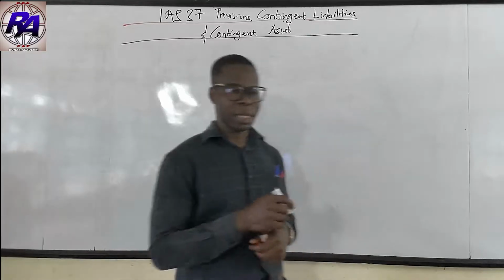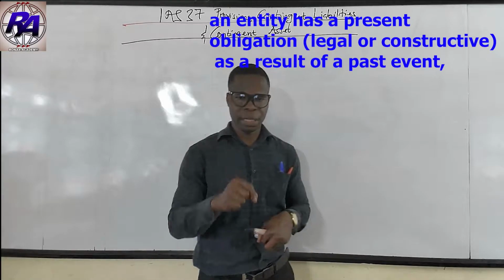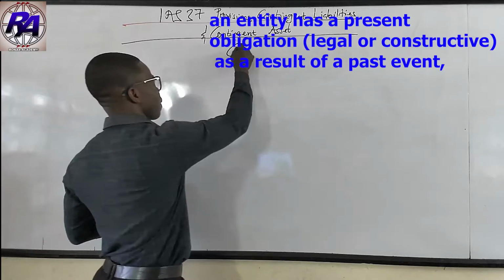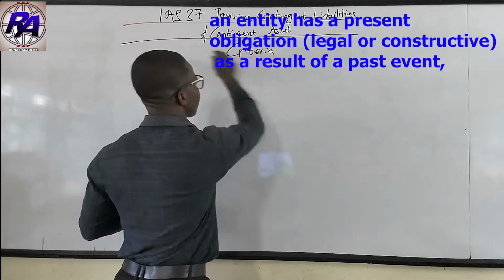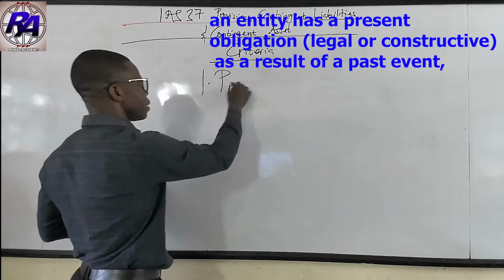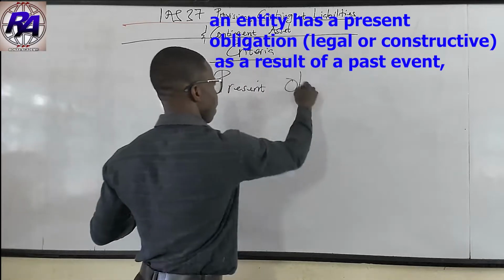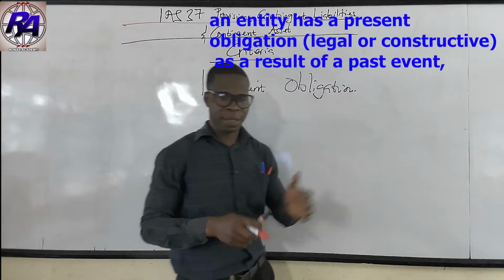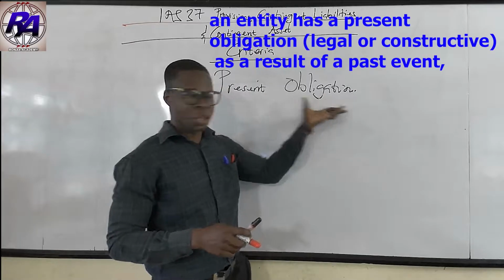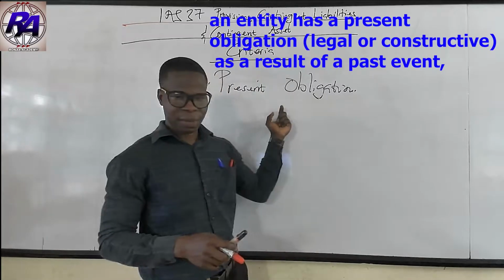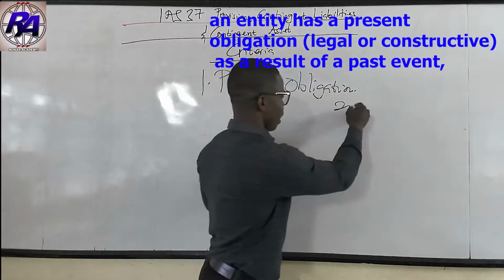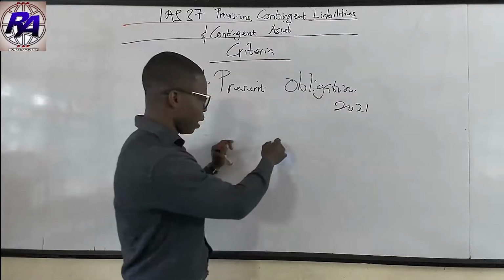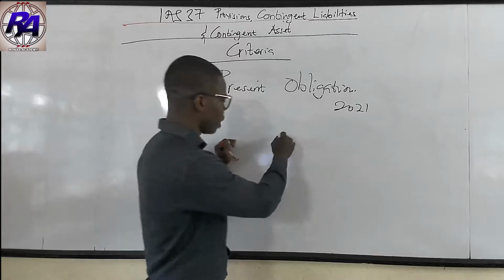So the first criterion is that there should be a present obligation as a result of past events. Remember that this present obligation should be as a result of past events. Assuming that we are in 2021, and as an entity, we have entered into a contract, we bought something on credit in 2019.